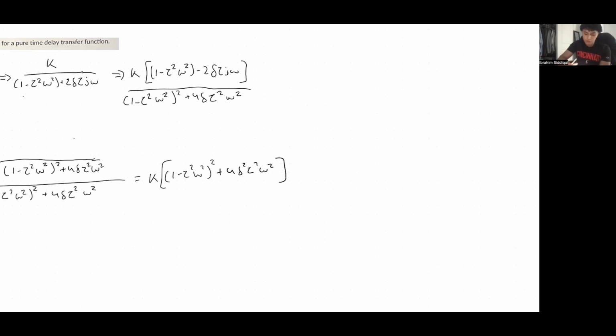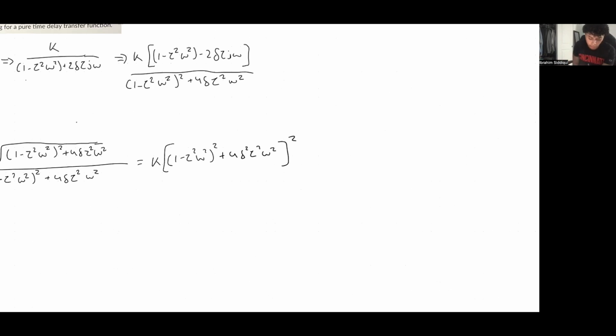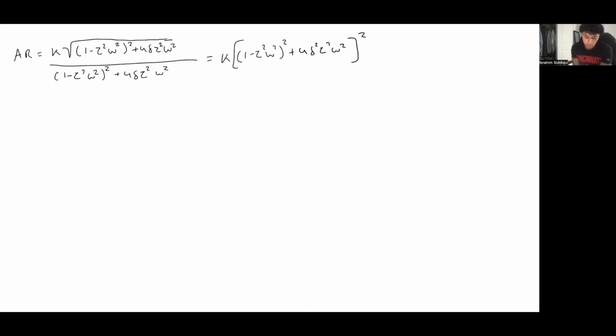Okay. Now from this point, we can look at our phase lag and take a derivative of our amplitude ratio, with respect to omega.